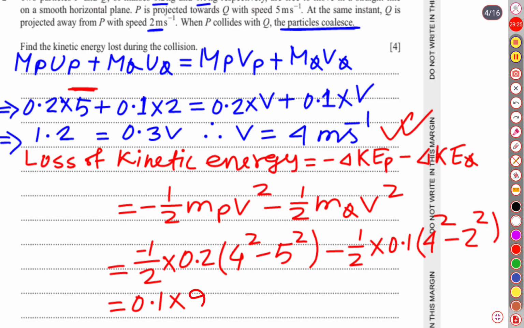So it will be positive because this minus symbol will multiply this minus symbol, so it is positive now. Well, after that, minus, if we divide 0.1 by 2, it is going to be 0.05. 0.05 into 16 minus 4, it is 12.